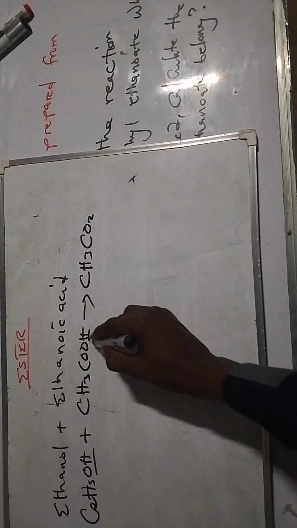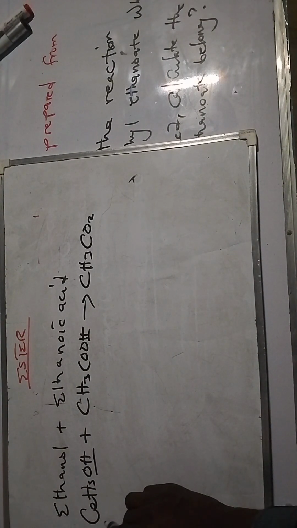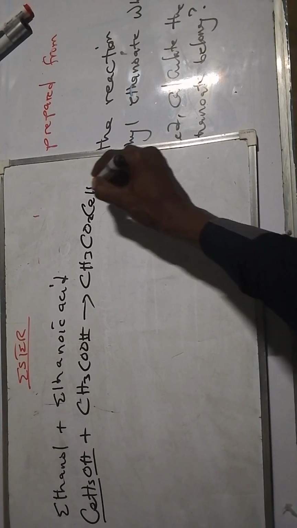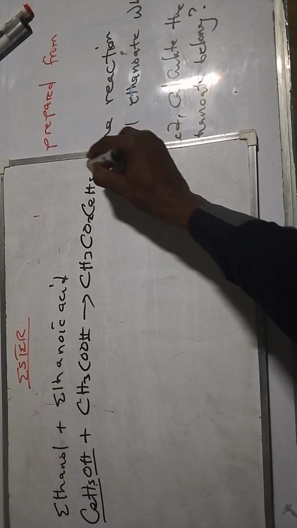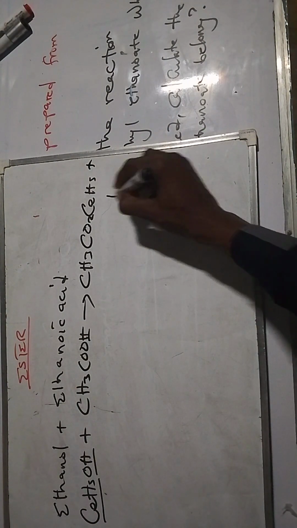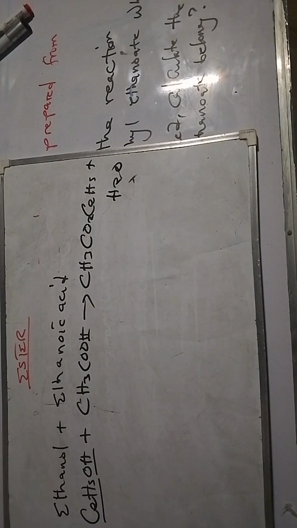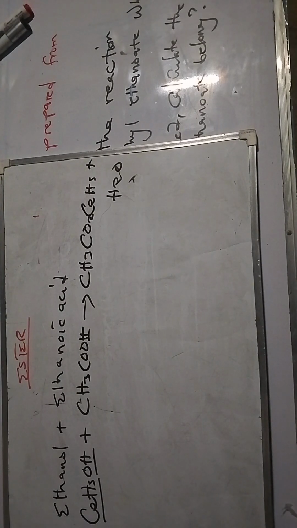Then I'm done. I will not include this one. Then I'll copy this one the way it is, then C2H5, plus water, H2O. That is the chemical equation, how this was prepared.